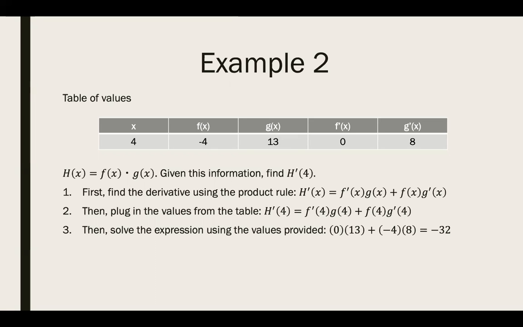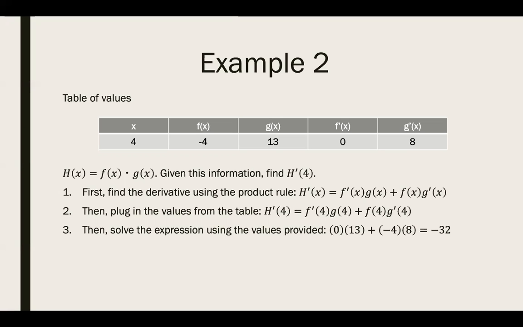And then you're just going to plug in the values. You are trying to find h prime of 4. So you have h prime of 4 equals f prime of 4 times g of 4 plus f of 4 times g prime of 4.